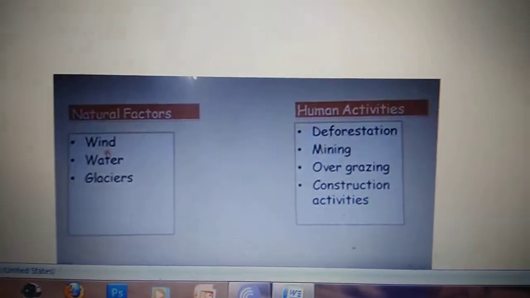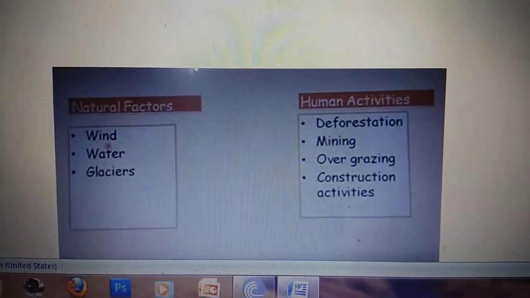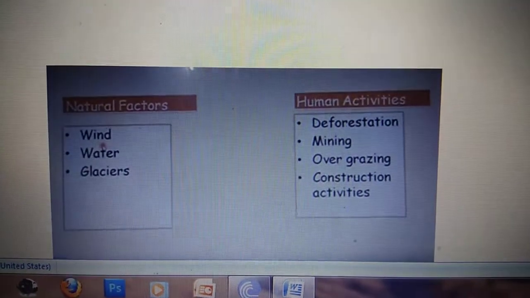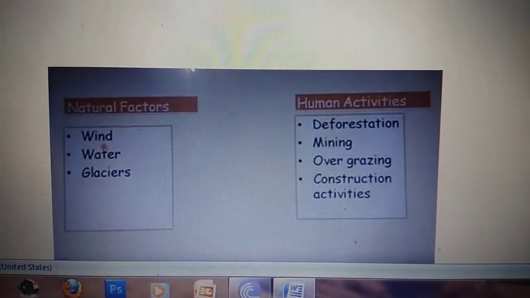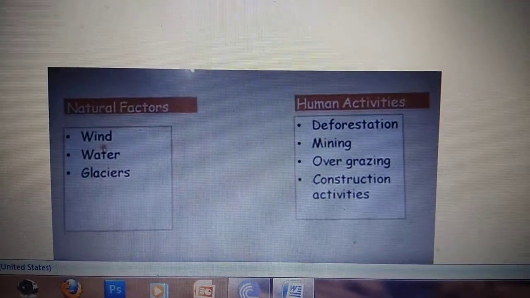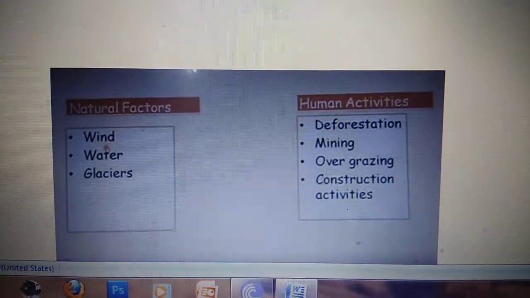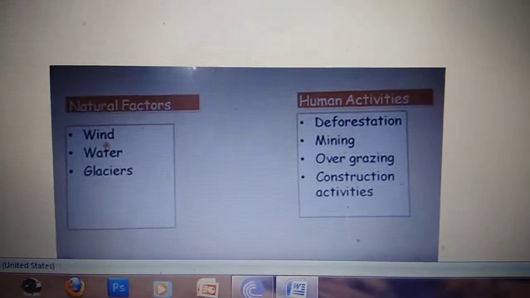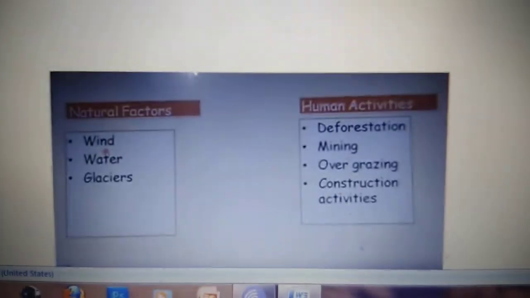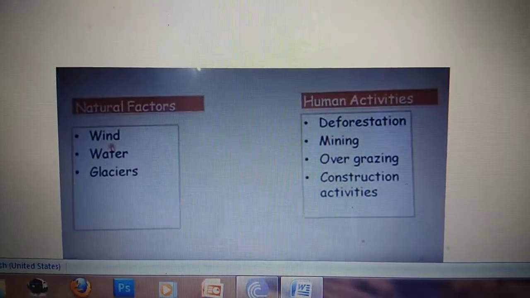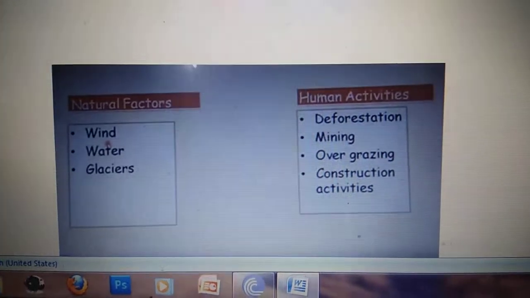And human activities include deforestation, mining, overgrazing, construction activities, and too much use of pesticides and fertilizers; overuse of it causes degradation of soil. So we need to conserve the soil, and let us now look at the techniques that we can adopt to conserve soil.